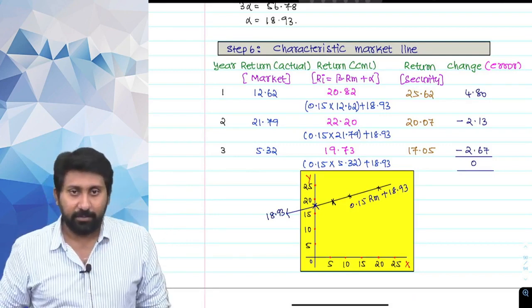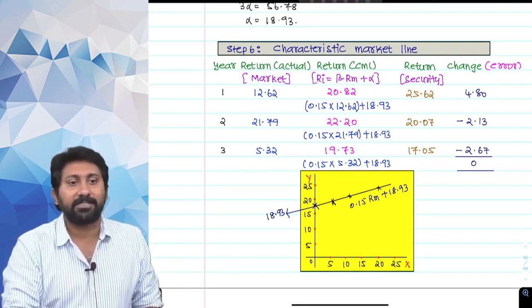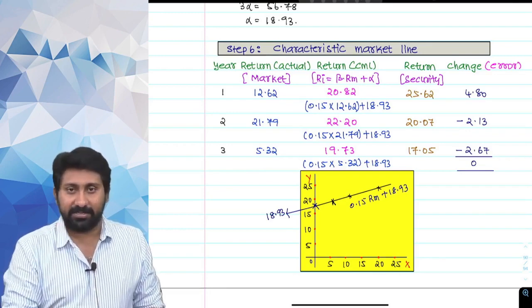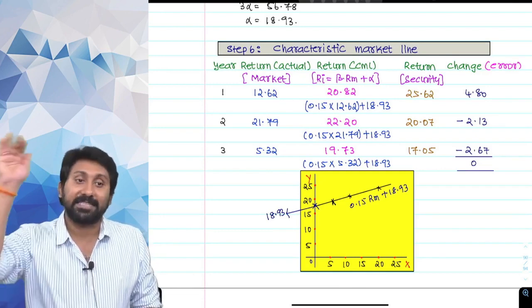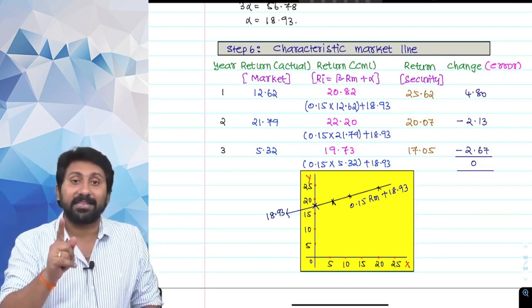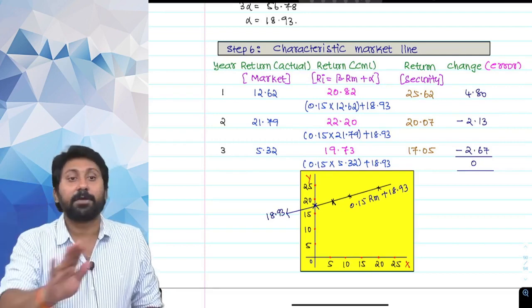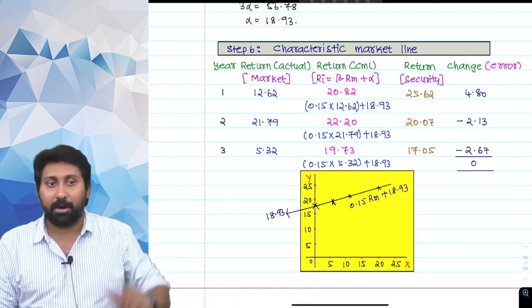How many types of risks are there? Two types: systematic risk and unsystematic risk. Systematic risk is a risk which comes from the system. Unsystematic risk is a risk which comes from company specific factors, not because of the market. Which can be controlled? Systematic cannot be controlled.